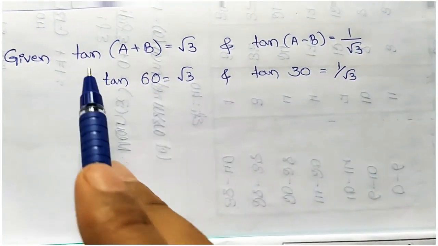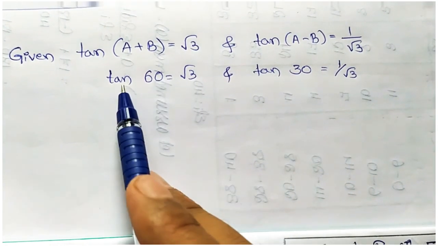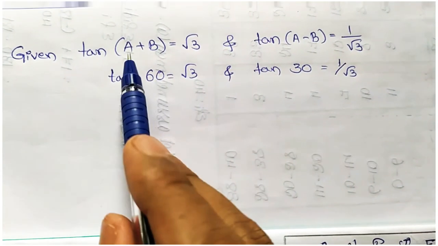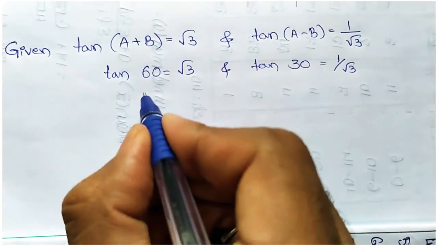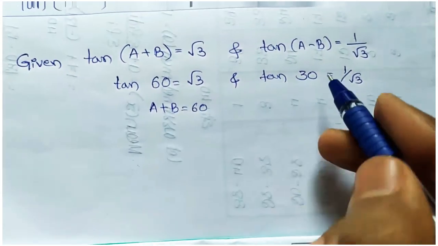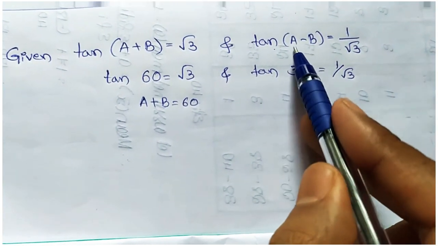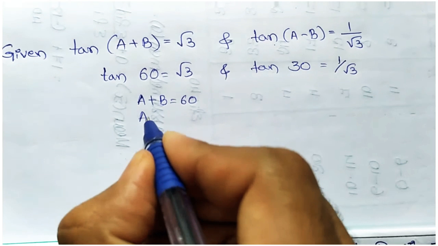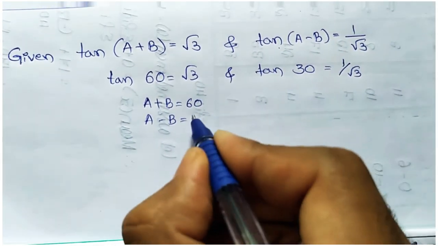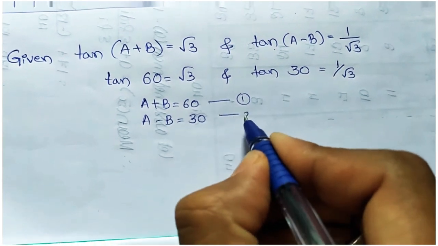It means tan of a plus b gives us tan 60, that is, in place of a plus b we are getting 60 degree. And here tan of a minus b we are getting tan 30. It means a minus b equal to 30.